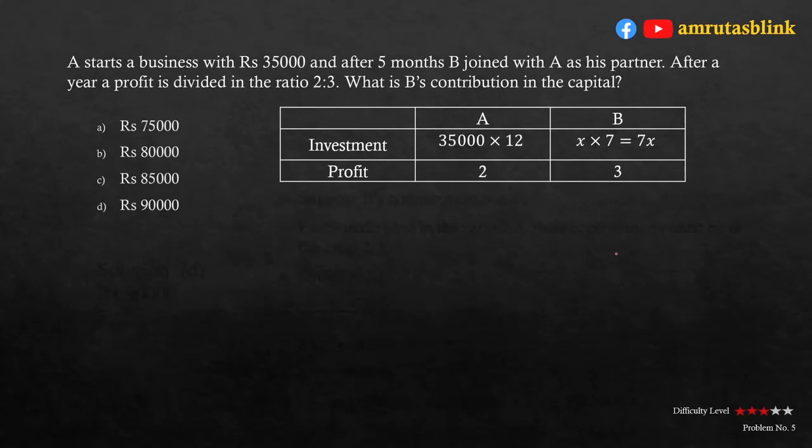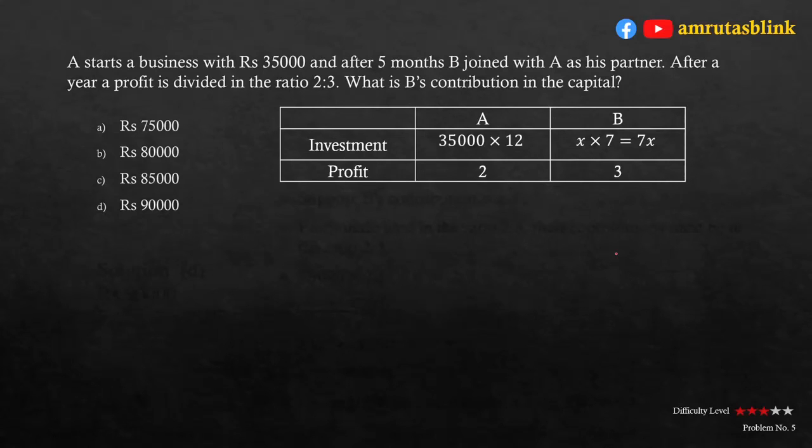Hence, out of the total complete year, B is joining after 5 months, hence B's capital is going to be utilized for just 7 months. So, we can have B's contribution as x into 7, that is 7x.